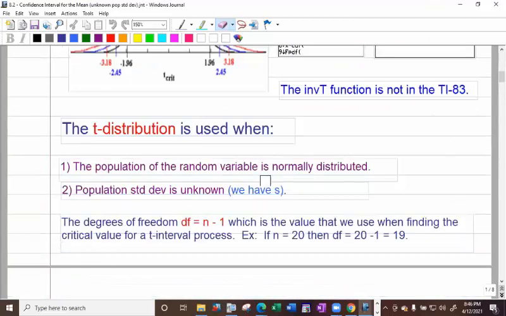So now for this to work though, the original data has to be normally distributed. Otherwise this will not work. So you might see that sometimes in a homework, I know it has in the past, it may say, what assumption must be made here? And that the population of the random variable is normally distributed.